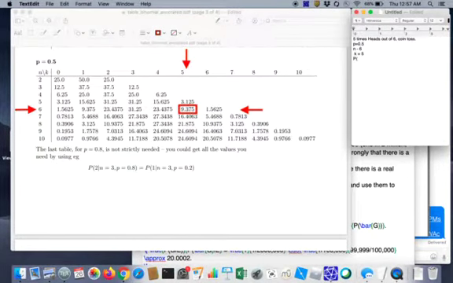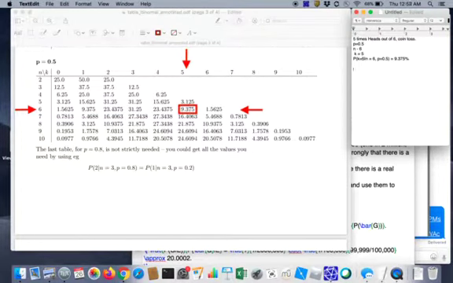And we can write probability of k is 5 given that n is 6 and p is 0.5 is 9.375 in percent. That's important. So you can also write 0.09375.